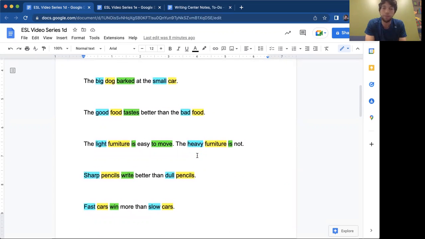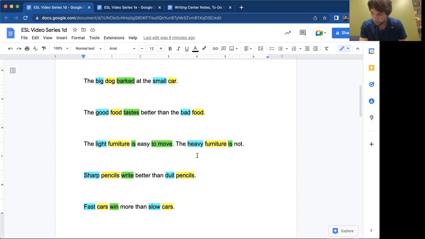First sentence, the big dog barked at the small car, right? So as usual, we have the nouns highlighted in yellow. Nouns are dog and car. And the verb is highlighted in green. The verb is barked. And our adjectives are highlighted in teal, and they are big and small.